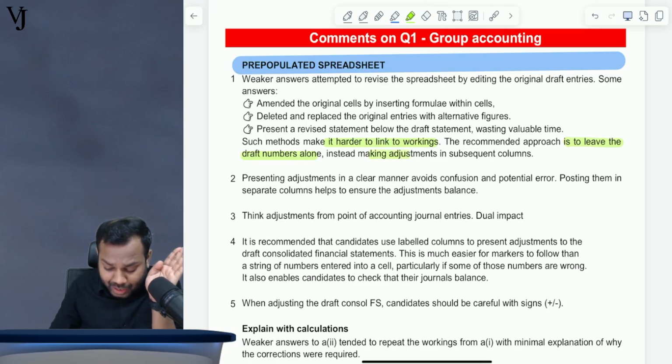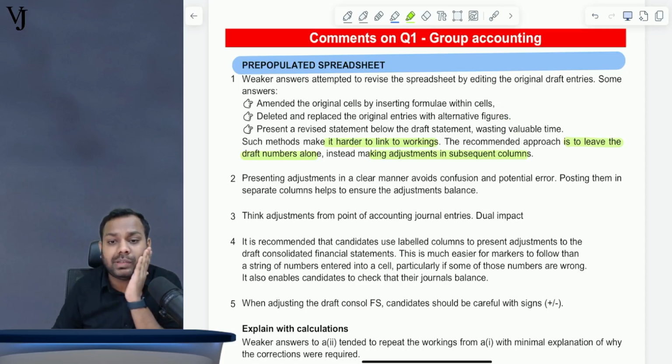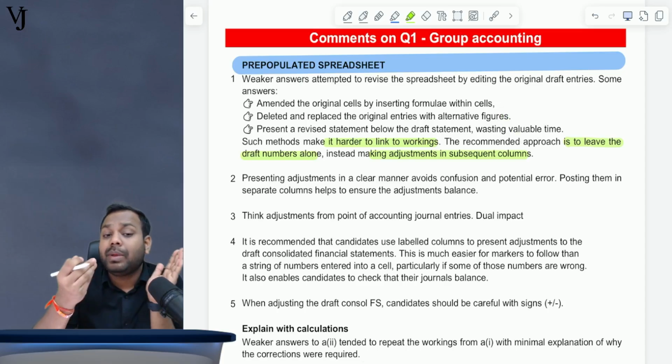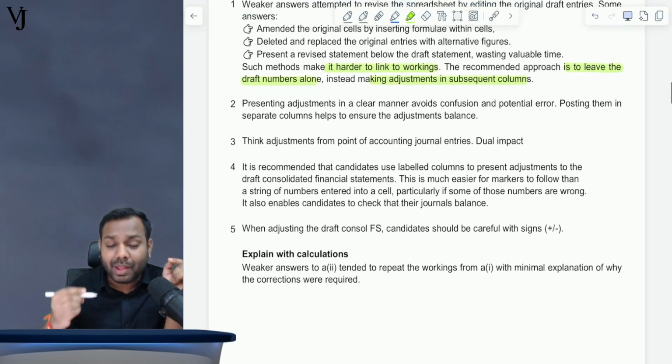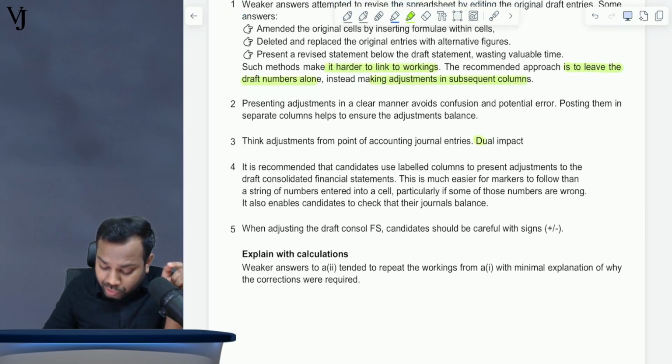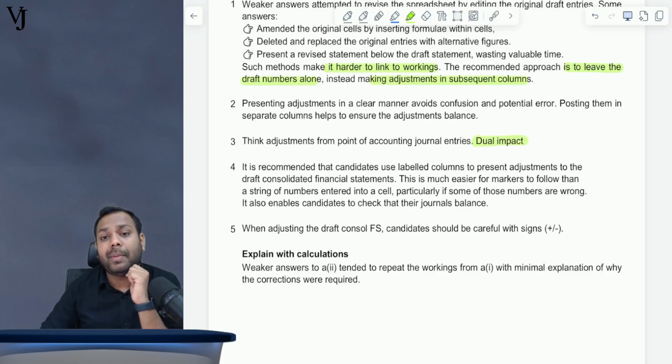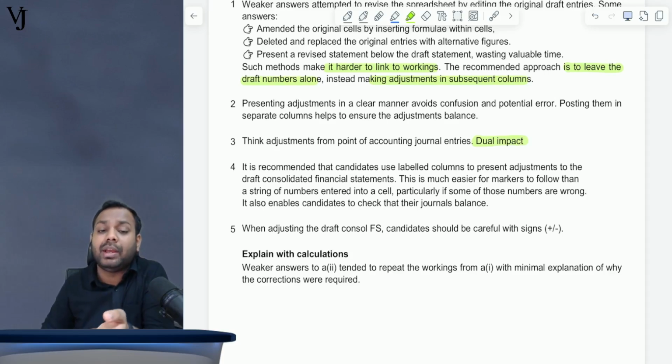Instead, make adjustments in subsequent columns. If you make a separate column for each adjustment, you will also be able to see the dual impact, and if you have made any mistake, it will be easier for you to find it.